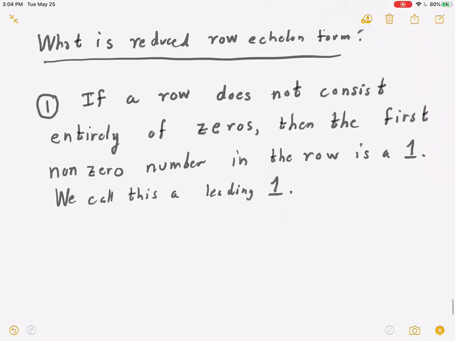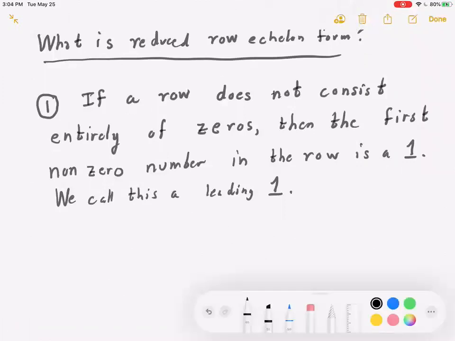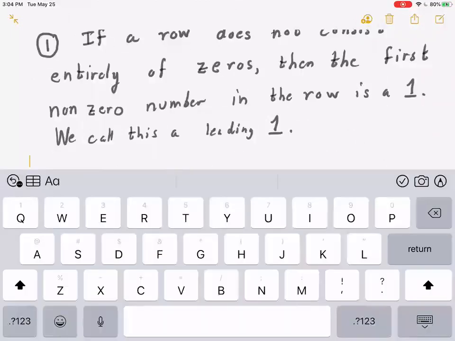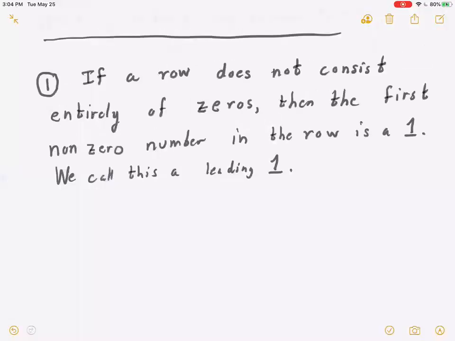So let's see how this definition jives with what we just looked at in the previous problem. In the previous problem, we claimed that this final result is in reduced row echelon form. So here's row 1, here's row 2. Clearly row 1 does not consist entirely of zeros.